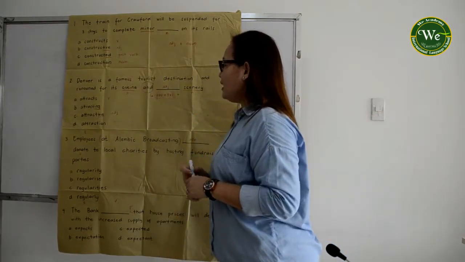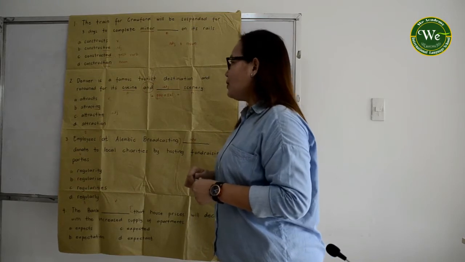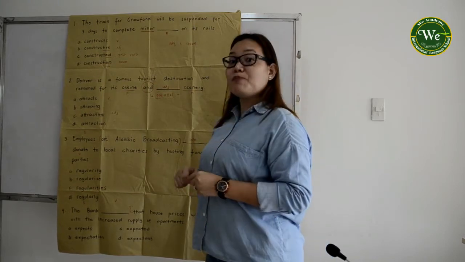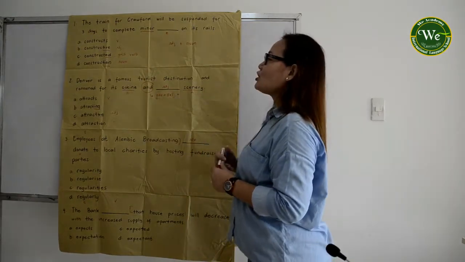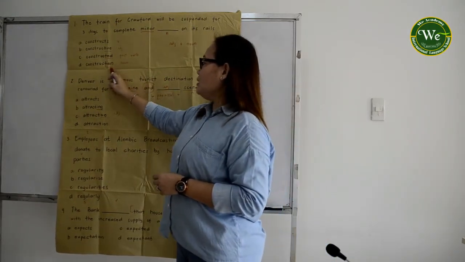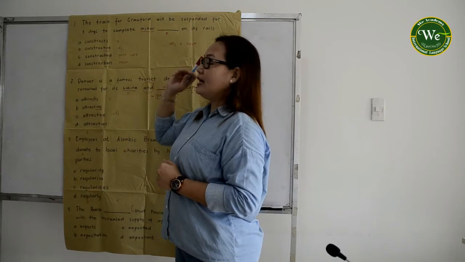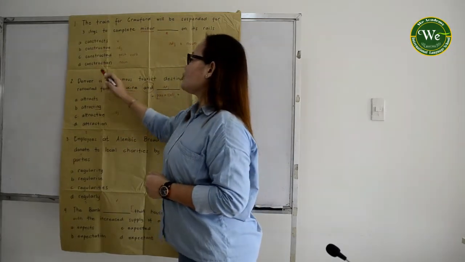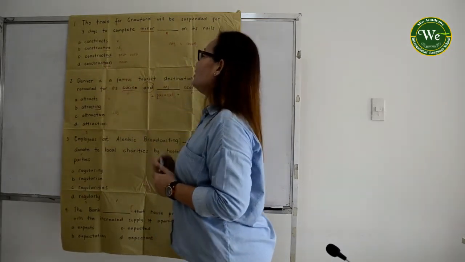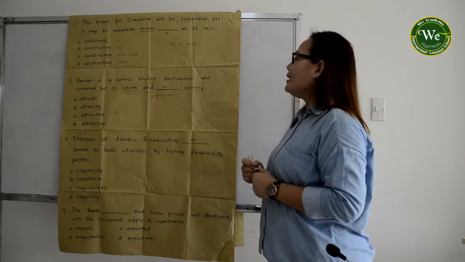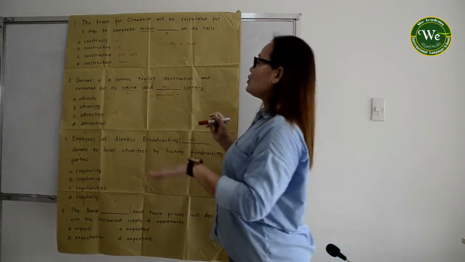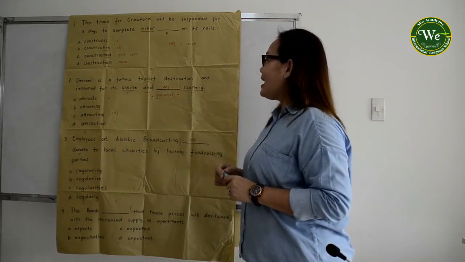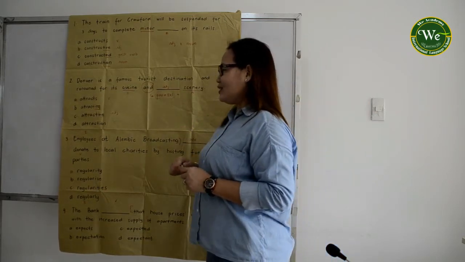Letter C, constructed, is a simple past verb. And D, construction. Tion is used to form a noun. Construct is a verb. Construction is a noun. Which brings you to letter D as the correct answer.